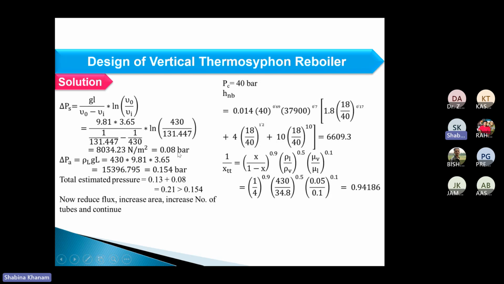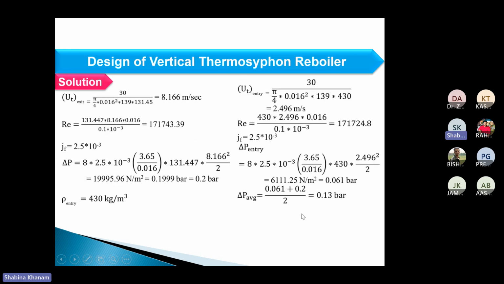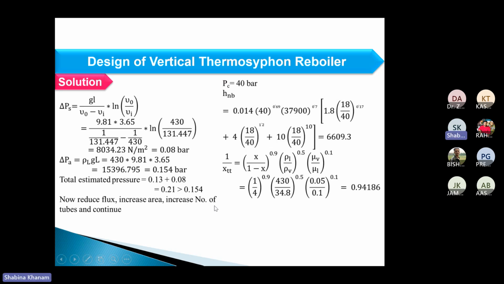So the addition of 0.08 plus 0.13 will give the total pressure drop on the tube side. That should be 0.21, and that we will compare with the available head.